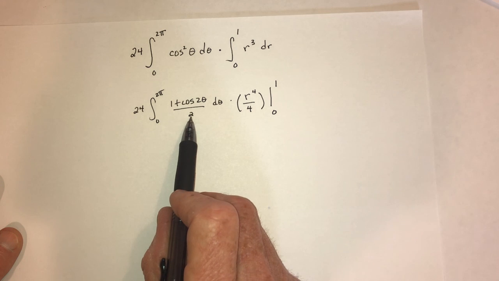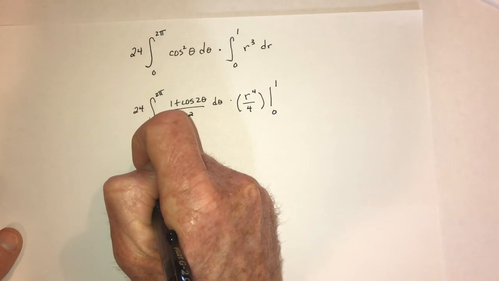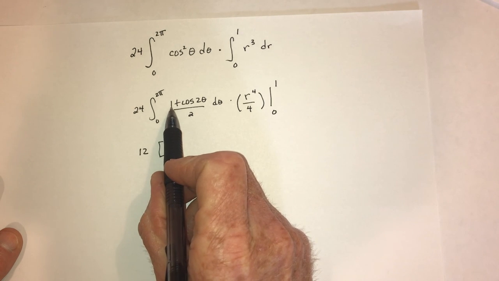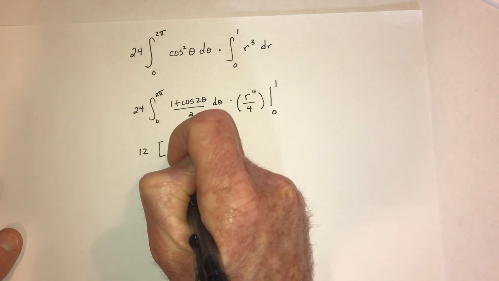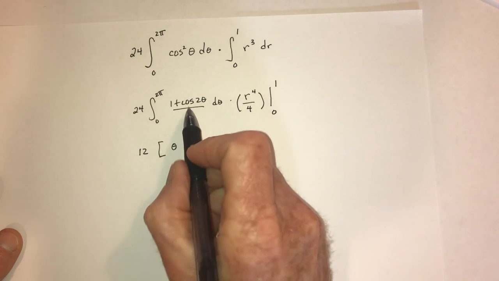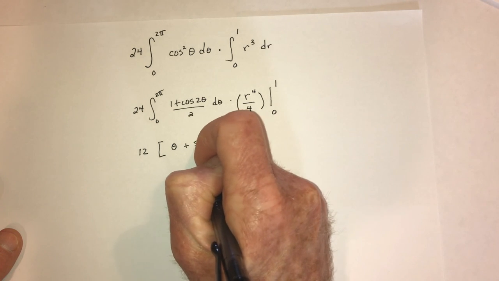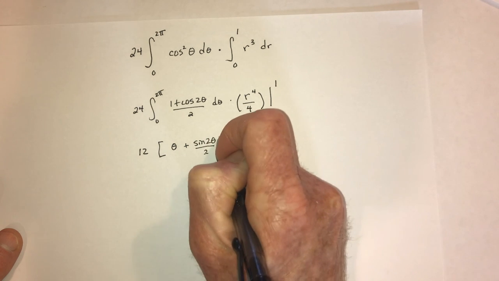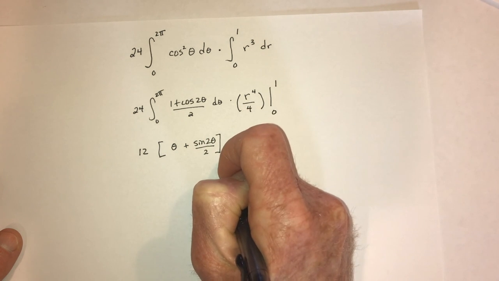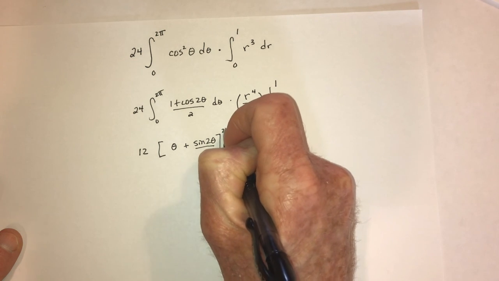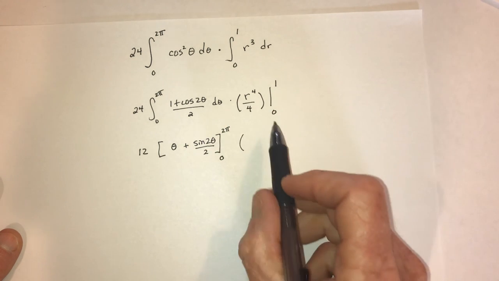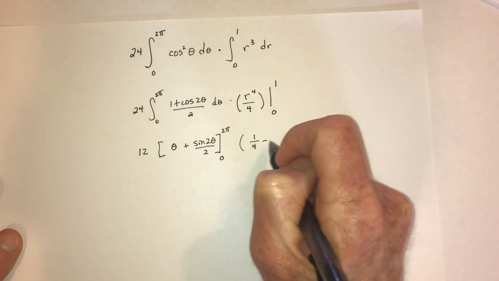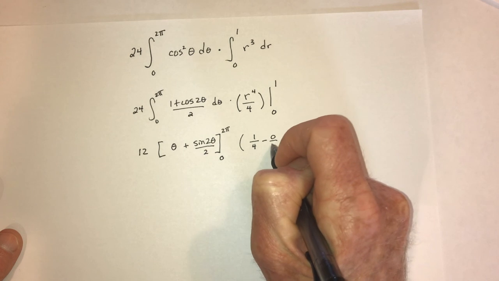And then for this one, I would factor out the 1/2, so this actually becomes a 12. And once you do that, the antiderivative of this 1 is theta. The antiderivative of cosine 2 theta is sine 2 theta, and because of the chain rule, you have to divide by 2. And then that gets evaluated from 0 to 2 pi. And then for this part, substitute the 1, that's going to be 1/4 minus 0 over 4.